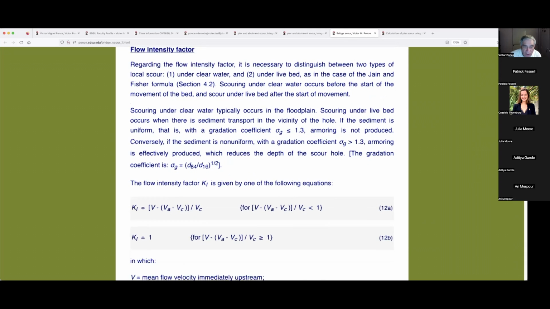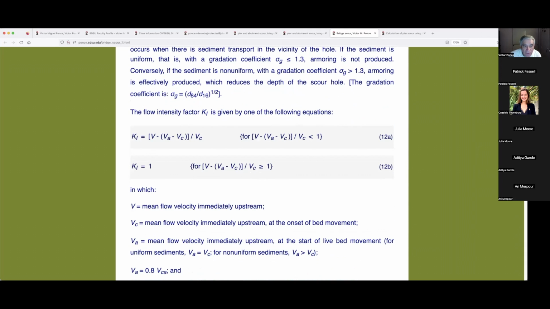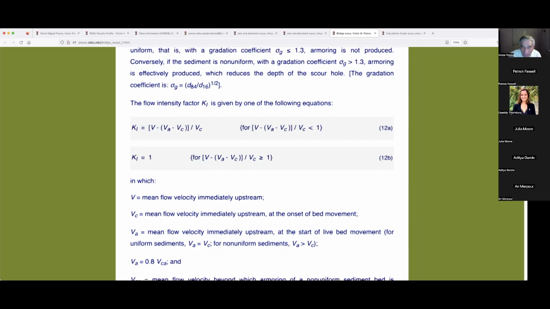And then we define the gradation coefficient: sigma sub g equals D84, 84% finer, over D16, 16% finer, to the 1/2 power. The flow intensity factor is given by the following equations. And here we go again, if and then relations, 12a and 12b.